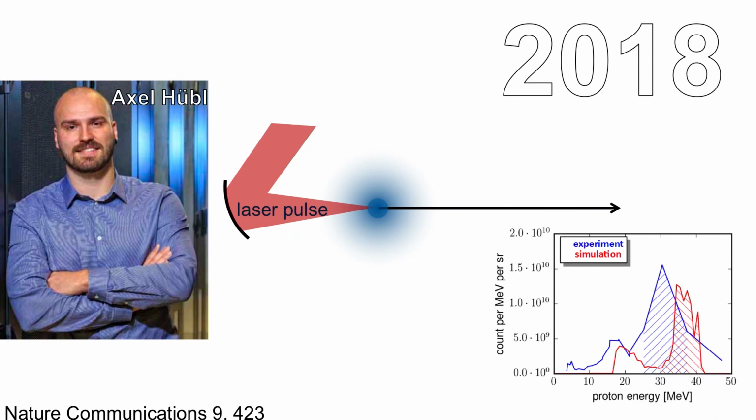We didn't know how the experiment ended when we started our simulations. We didn't want to know. We said, don't tell us. We want to see what the predictive power of those simulations is. And for this, it came out pretty well, because this is actually an absolute agreement in the number of protons. And this means how much dose you apply to that tumor. And this is important if you want to kill the tumor.